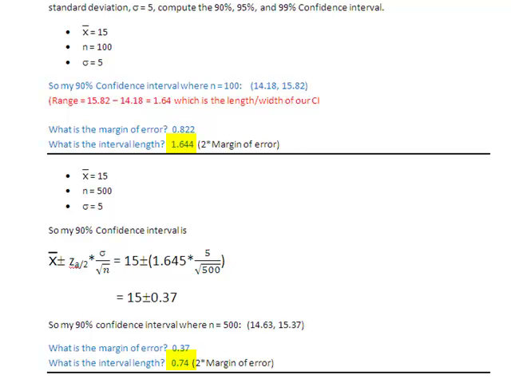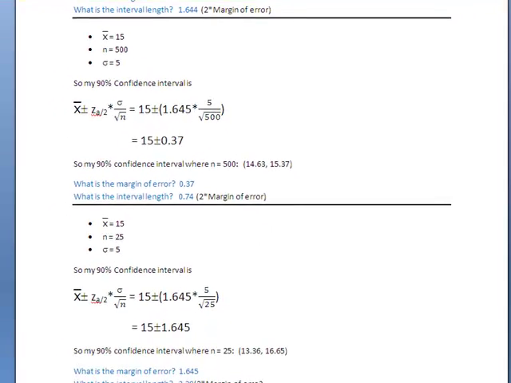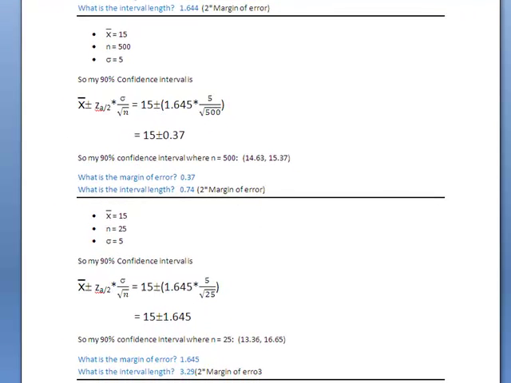And we can see when we decrease the sample size to 25, look how drastically longer the margin of error is. It goes from 0.37 from a sample size of 500 to 1.645 when our sample size goes down to 25. So again, what we see here is as our sample size increases, our margin of error decreases.